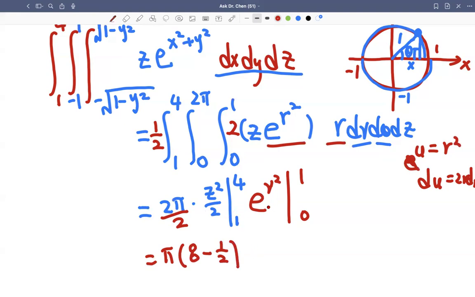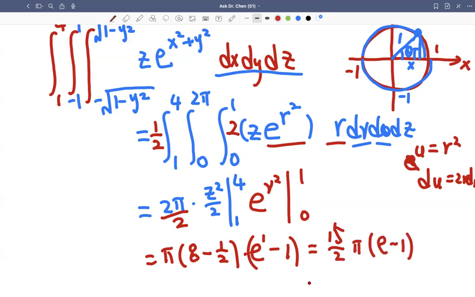Then r direction, we get e to the 1 squared, which is e to the 1, minus e to the 0. E to the 0 is just 1. Simplify this, so we get 8 minus a half, that's 16 divided by 2 minus a half, so we get 15 divided by 2, then have pi, then e minus 1. And that's it.